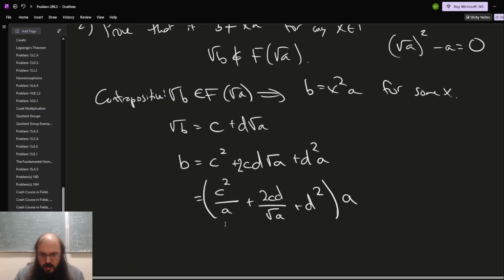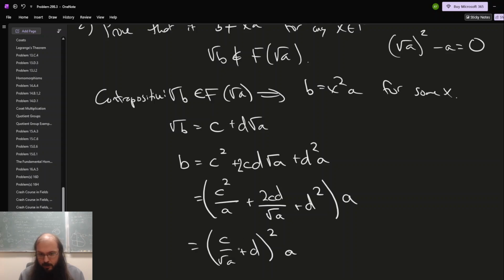So now the question is, is this a perfect square? The answer is, of course it is, because this thing was a perfect square, and what I factored out was a perfect square, because a is the perfect square of the square root of a. This is c over square root of a plus d squared a. And you will notice all of these are perfectly good field elements, since c and d are field elements by assumption, and since a is non-zero, square root of a has a reciprocal.